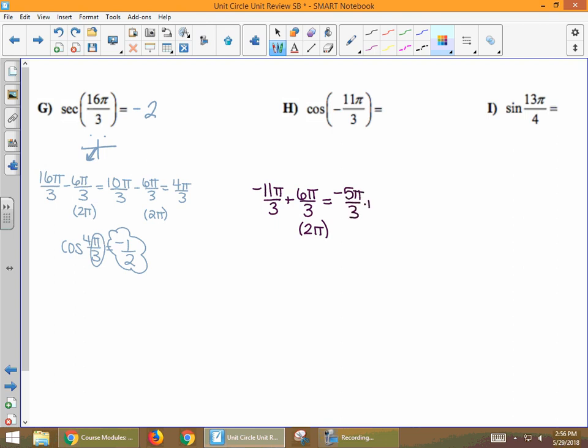And I'm going to add 2 pi again, because I'm not on the unit circle yet. And that's going to get me to positive pi over 3. And cosine at pi over 3 is 1/2. Done and done.